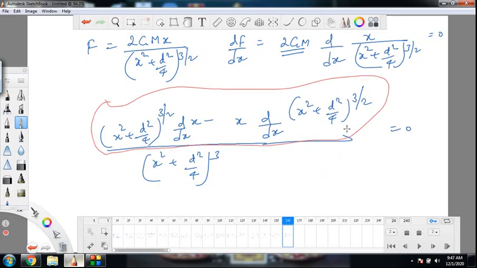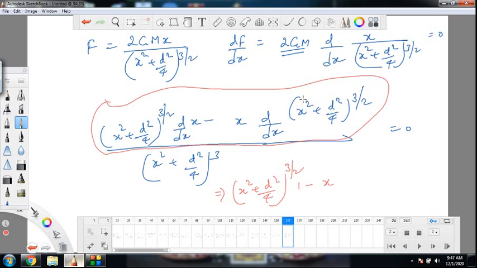Okay, so if this expression is 0, numerator must be 0. Our denominator should be infinite, but that is not the case here. So numerator must be 0. So which implies x square plus d square by 4 whole power 3 by 2 into d by dx of x, which is 1 only, minus x into, here you have to use chain rule, x square plus d square by 4 whole power 3 by 2.